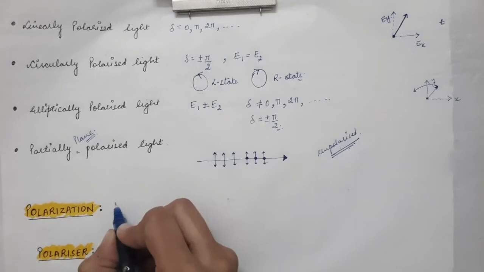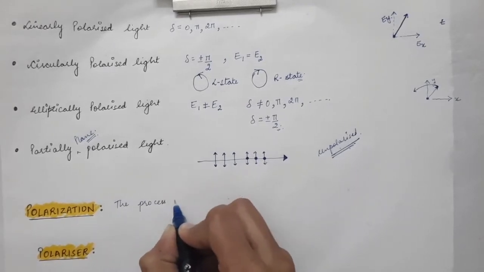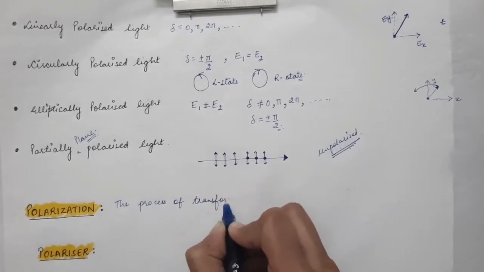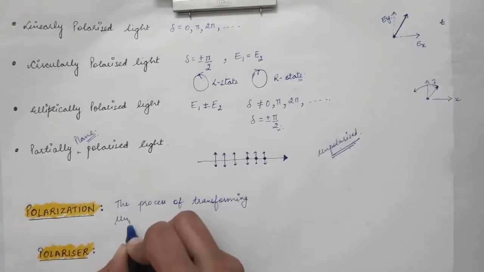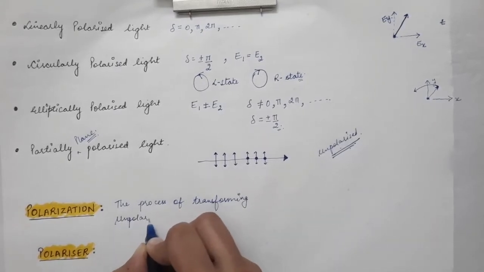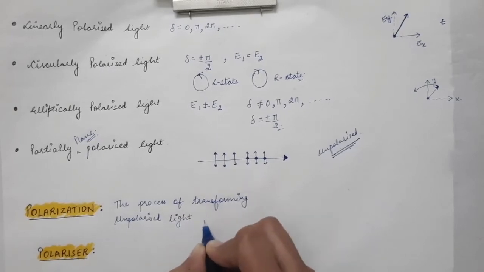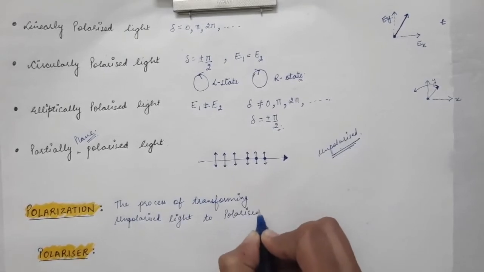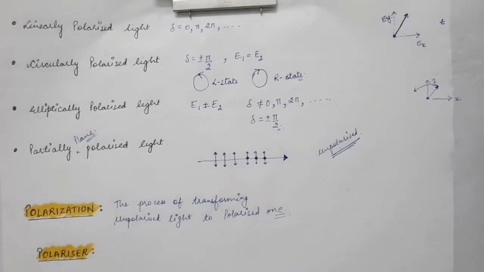So the process of transforming unpolarized light to polarized one is termed polarization of light.